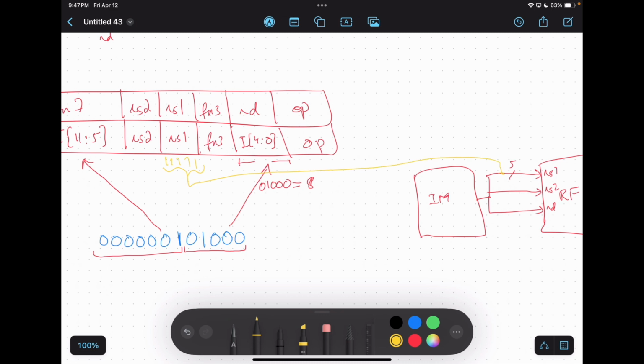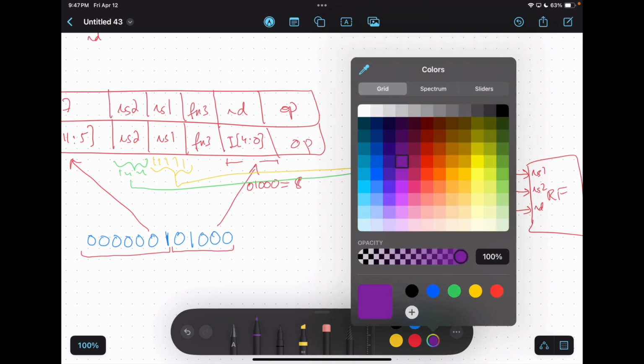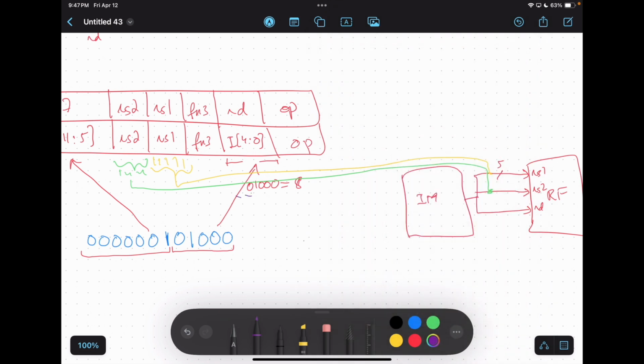Similarly for rs2, these 5 lines are tied together to this line. For rd here also, let me choose another color, say purple. These five bits are also tied to here.